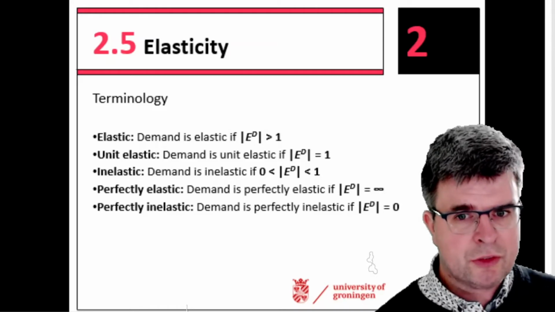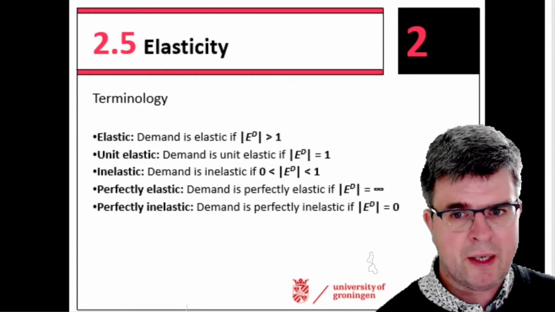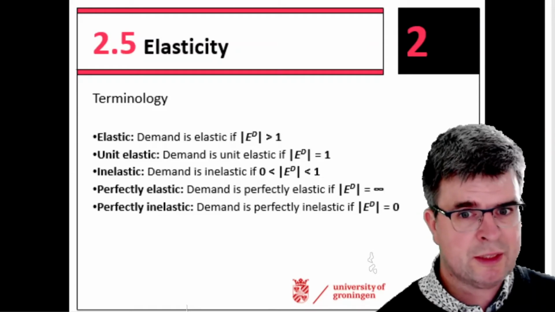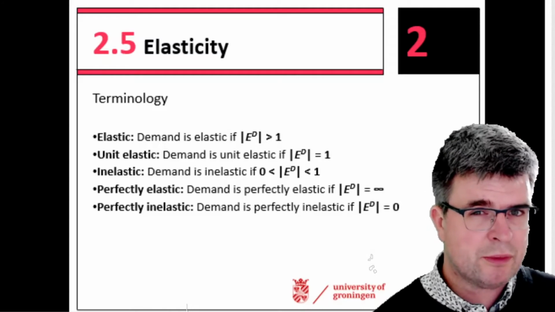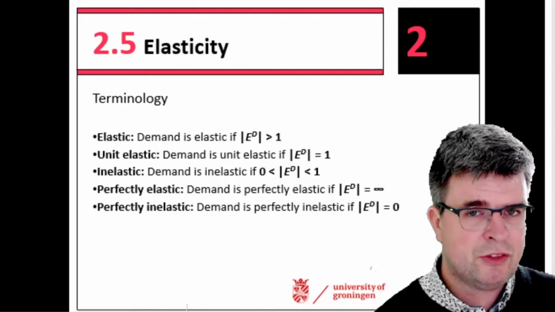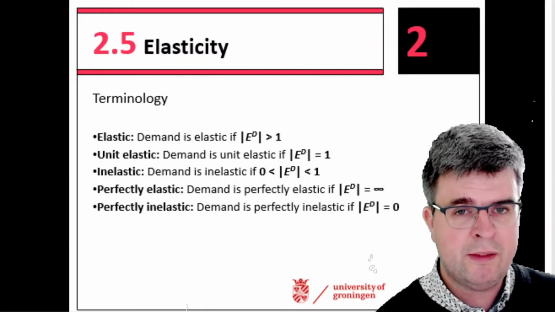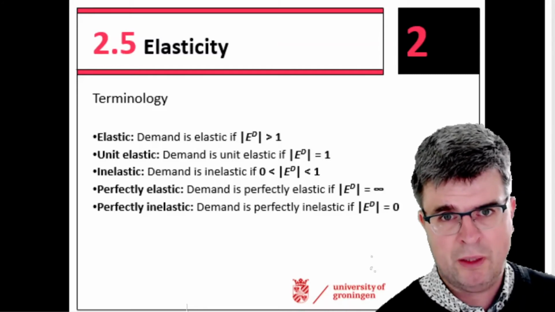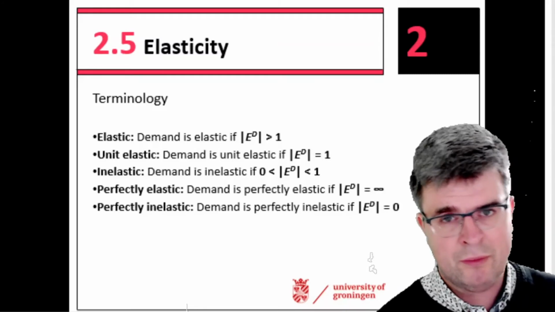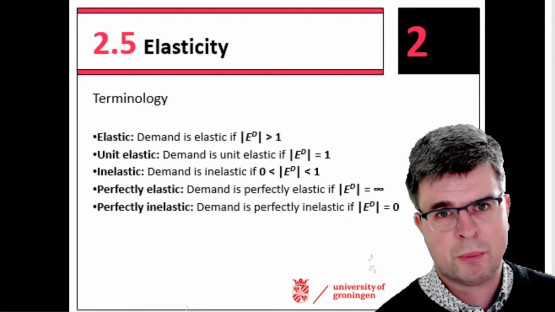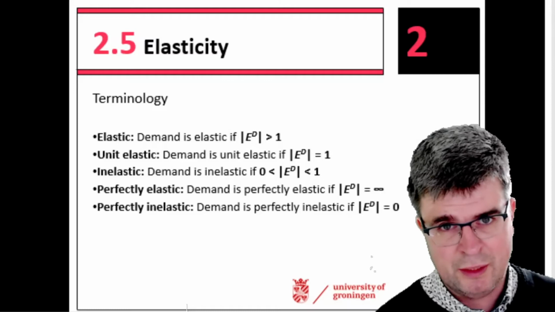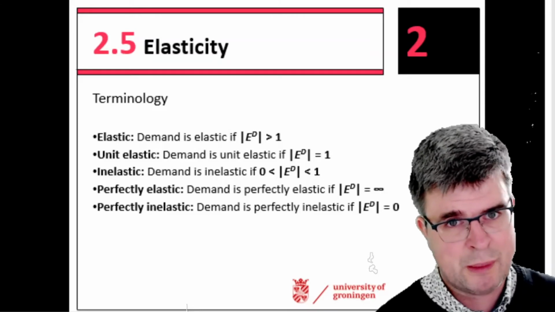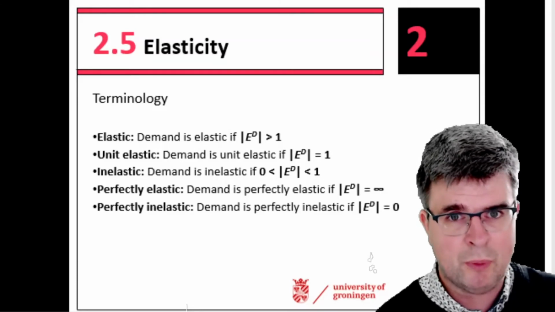And then at the extreme, you have two cases. Demand is perfectly elastic when, if you increase the price by a very small percentage, it leads to a complete disappearance of demand. So demand is so sensitive to price changes that if you change the price slightly, for example a price increase, demand will drop to 0.